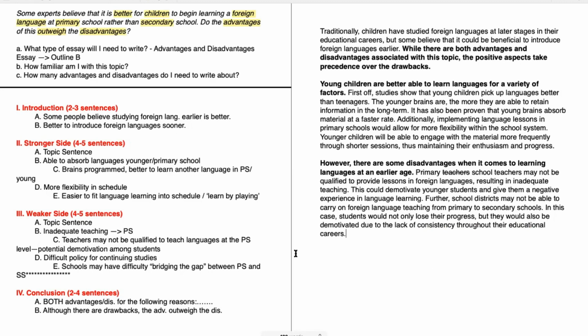Now, notice that I haven't really used this phrase, bridging the gap, just because the more I think about it, my writing is formal in tone, and I don't want to necessarily include bridging the gap. Also because I've done well without using it. Basically, the idea is still the same. The lack of consistency is another way to say that they'll have difficulty bridging the gap. So I am satisfied with this. Now, remember my asterisks here.